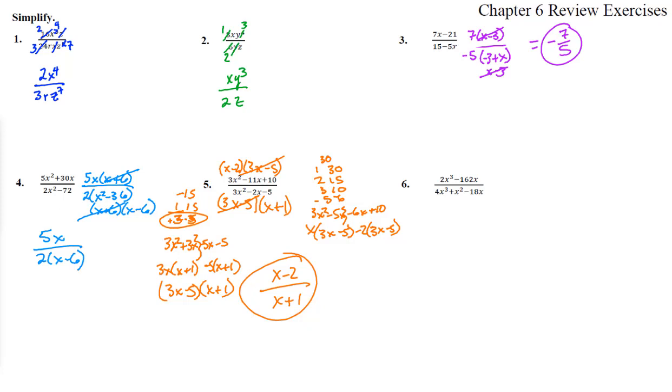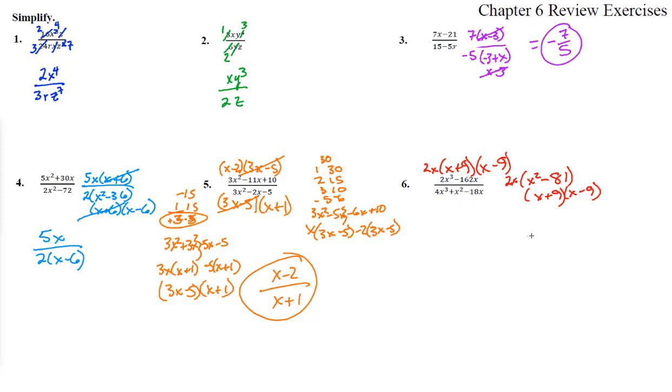All right, and finally, number 6. We can take a 2x out of the top, and we're left with x squared minus 81, which is a difference of squares. That's x plus 9, x minus 9. So 2x, x plus 9, x minus 9. Good.